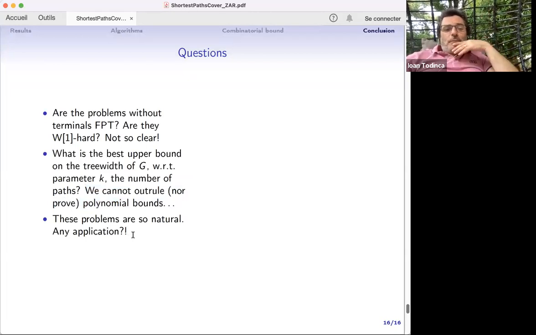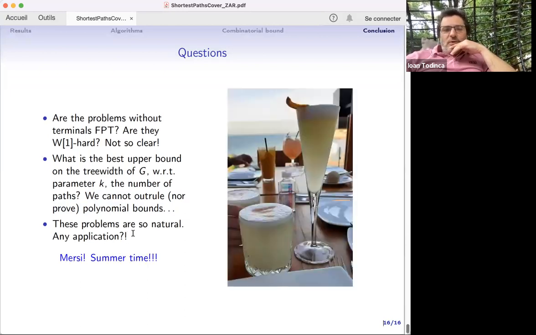And another, maybe funnier point. I find this problem so natural, and it seems that they're not that studied in the literature. I don't know of any applications of this problem. So if you know of any, I would be happy to hear it. Okay, so I'm done. Mulțumesc.